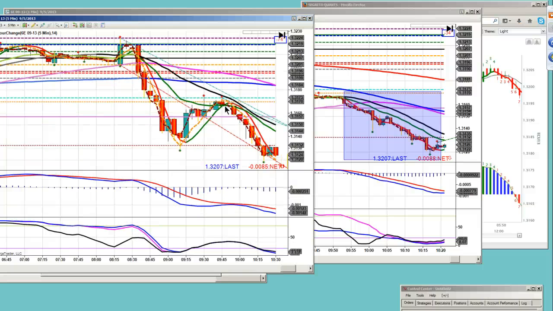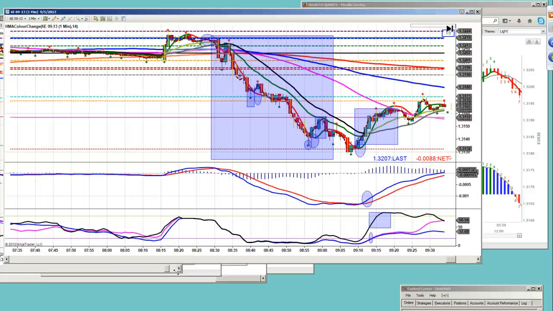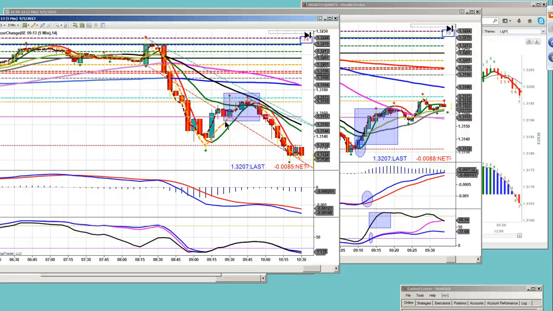So, you know, this is why I like to use different time frames to give me a peripheral, because who was really the deciding factor on this trend change? The 5-minute gave you the biggest clue. We look at this from a side-by-side perspective. This trend change at 9:10 was really a gap trade on the 5-minute chart. And it stopped on a dime as soon as it hit the 13, and then it continued with the overall trend of its moving averages.